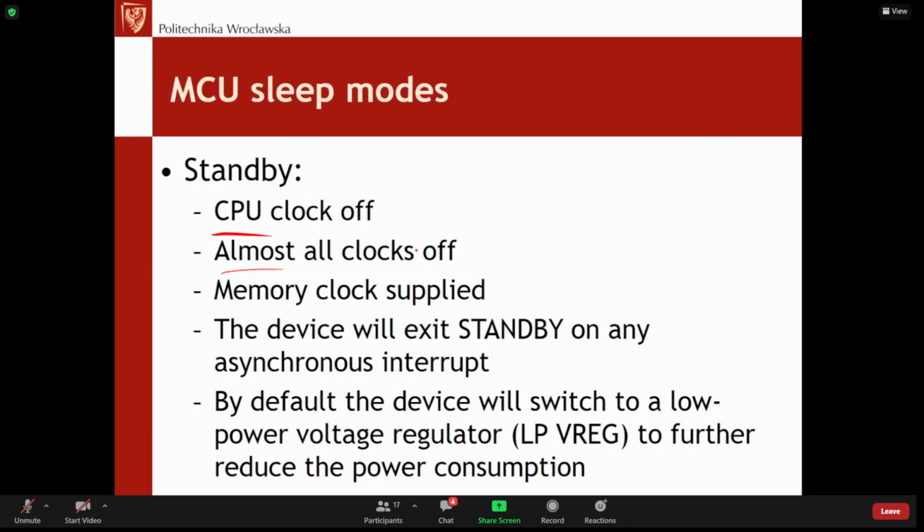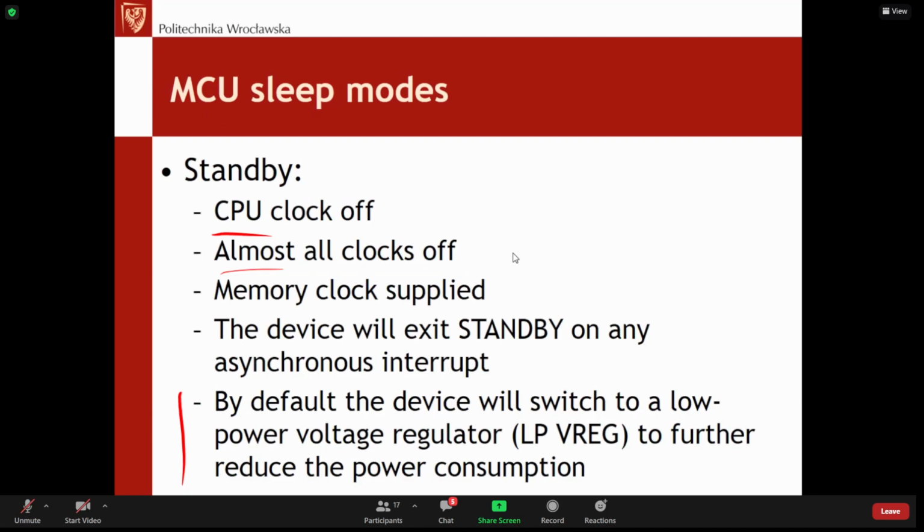Some microcontrollers have a low voltage regulator, because in this mode the clocks are mostly off, so the power supply required for certain power domains is lower. Therefore, in some microcontrollers the regulators are switched to lower power yet lower throughput regulators, the LPVREG that is here on the slide.